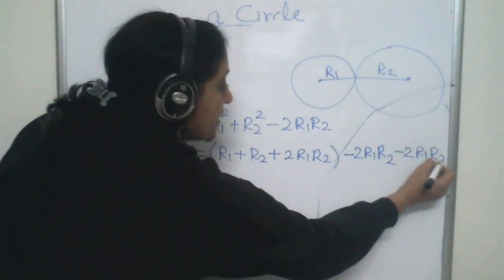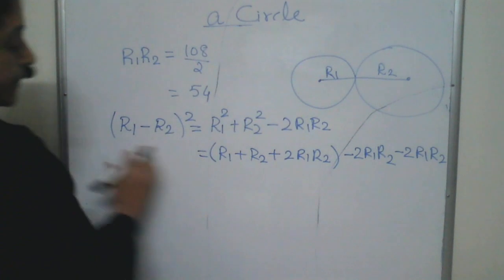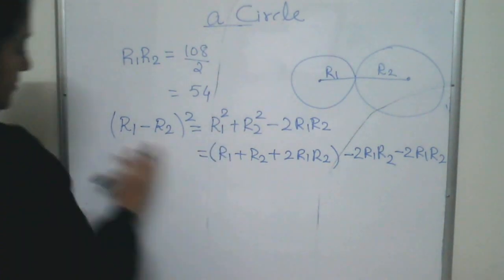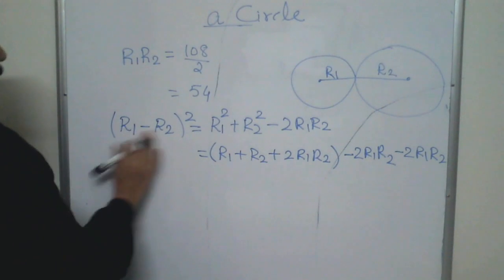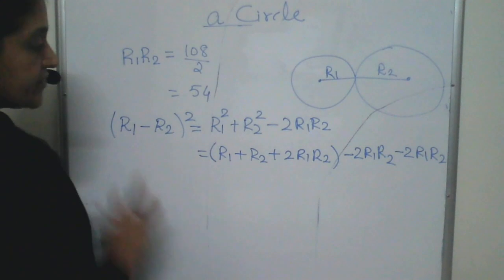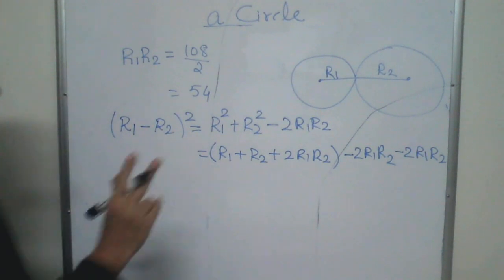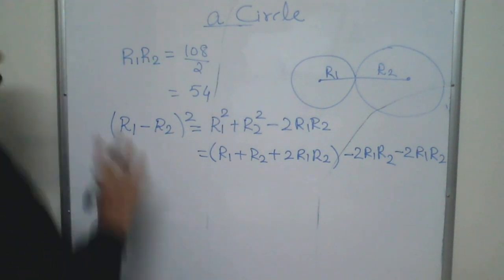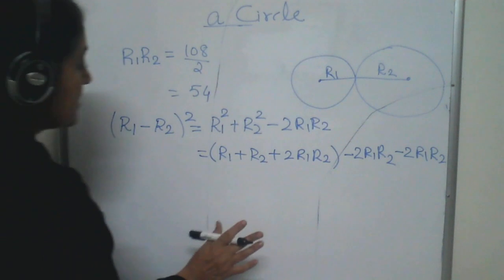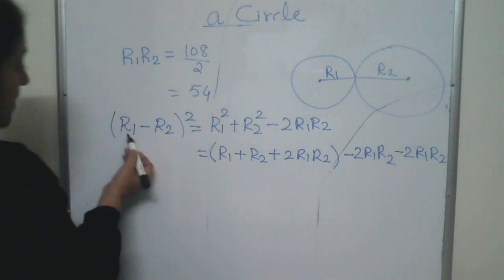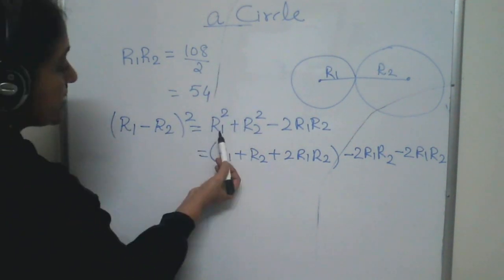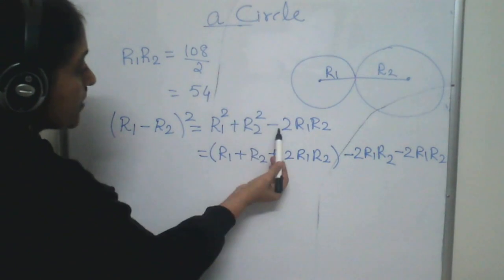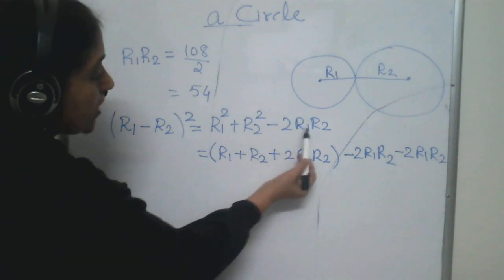I'll explain again, try to understand. Somehow we have to find out r1 minus r2. Then only we will be able to get two linear equations, so that we can solve them by any method. So r1 minus r2 bracket raised to square is again r1 square plus r2 square minus 2r1 r2.